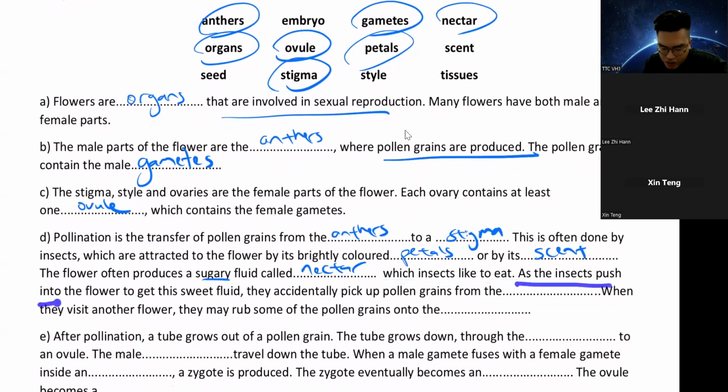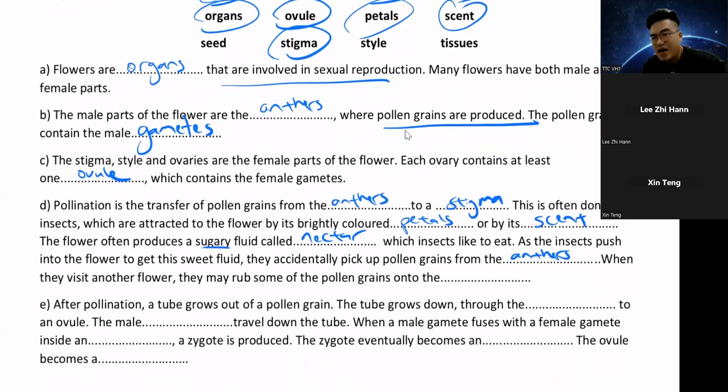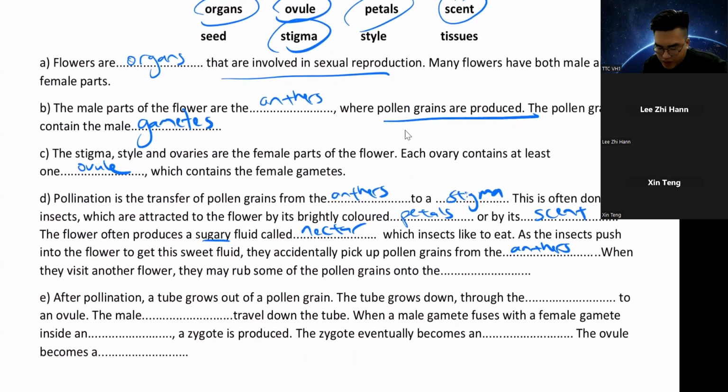As the insects push into the flower to get this sweet fluid, they accidentally pick up pollen grains from the anthers again. Okay, this was written already. So you see, I go down to get the fluid, my body will accidentally pick up the pollen grains.